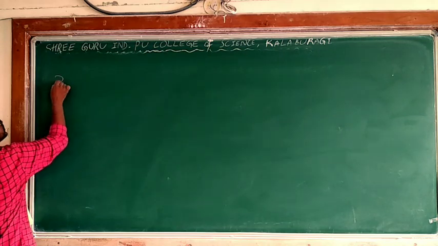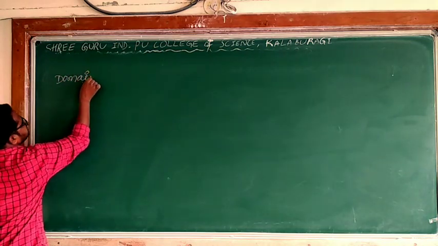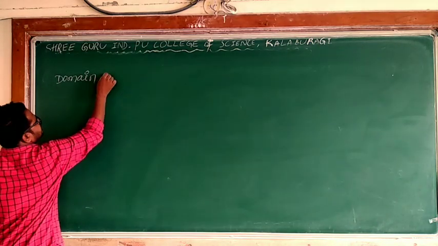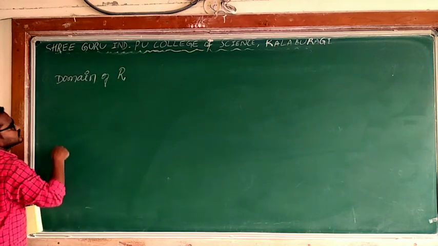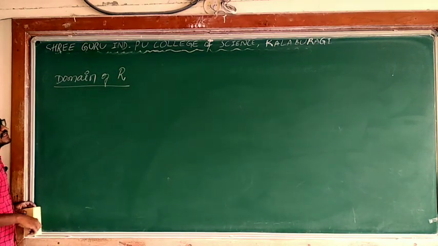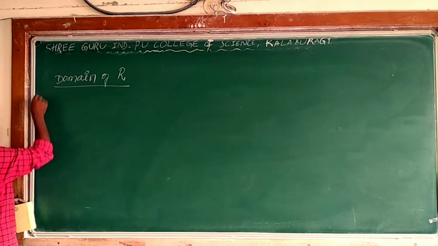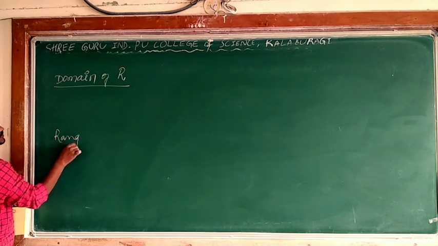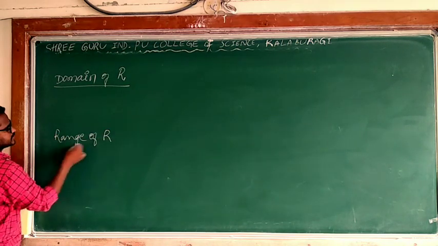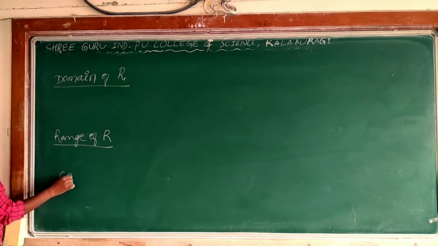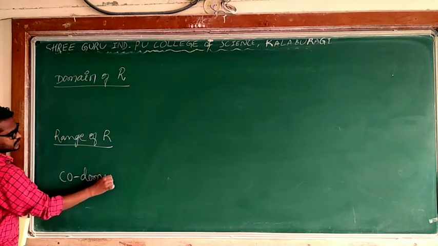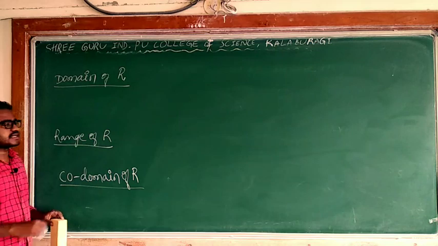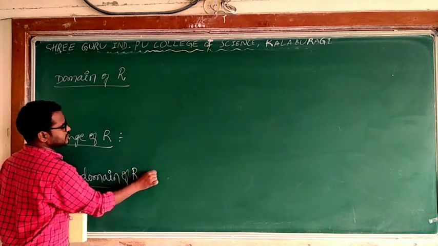First one, domain of R. Second one, range of R. And third one, codomain of R. Here R is nothing but the relation.